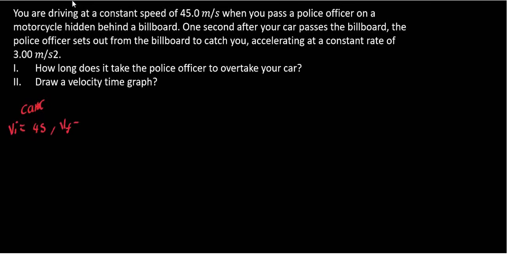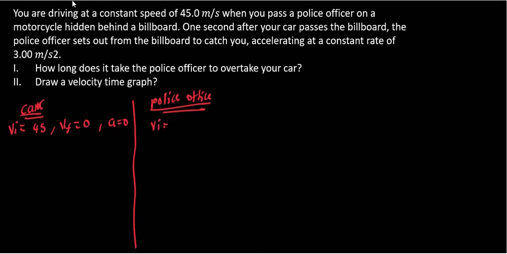Final velocity equal to 0, and acceleration equal to 0. Then the police officer again. So this is the police officer, and this is your car. You are moving. The police officer started from where? Started from 0 since they were just standing. Then the acceleration is 3.00.